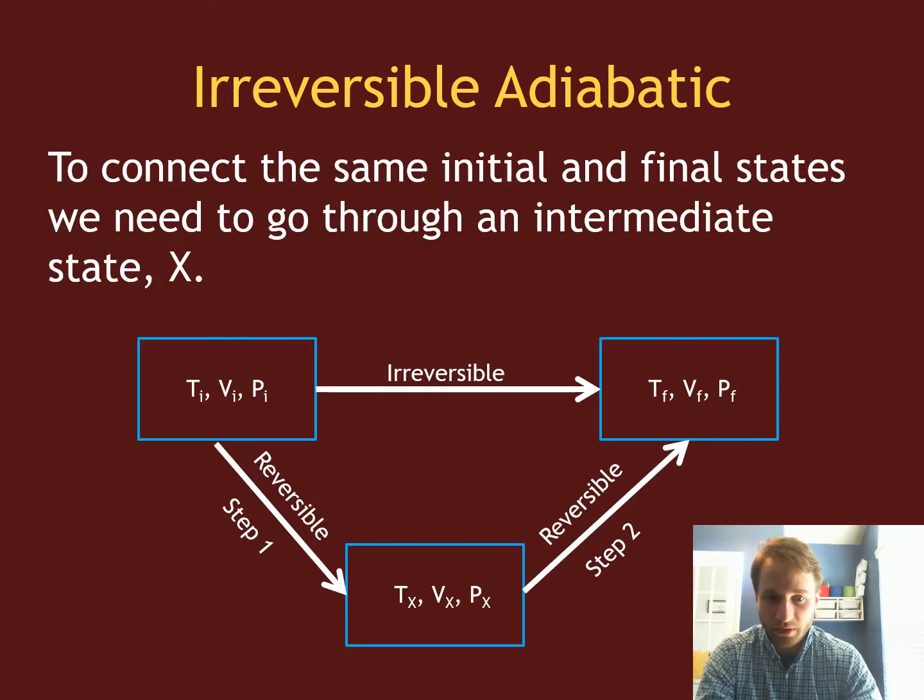And so how I'm going to need to do this is through some secondary state. I'm going to have to do two steps: reversible step 1 and reversible step 2, where I have some intermediate state with some temperature, volume, and pressure that could be whatever they are. So this is going to have to be a two-step reversible process to connect my irreversible states.